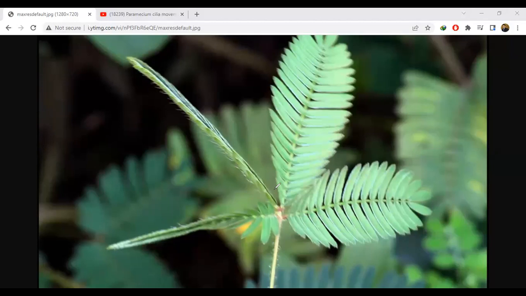If you take this leaf, it has been already touched. Because of touch, it has lost the water. Because it has lost the water, it has shrunk. So leaves have folded. Correct? Why is this an open leaf? It is not touched. Its cells are turgid. It is keeping open. Understood?